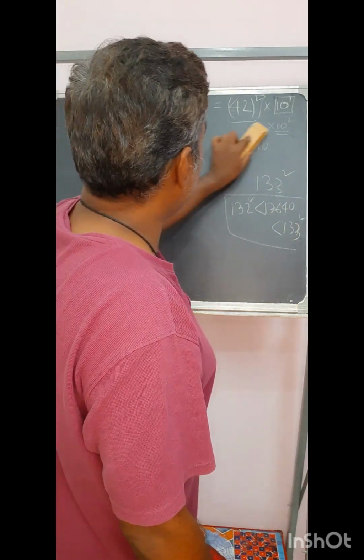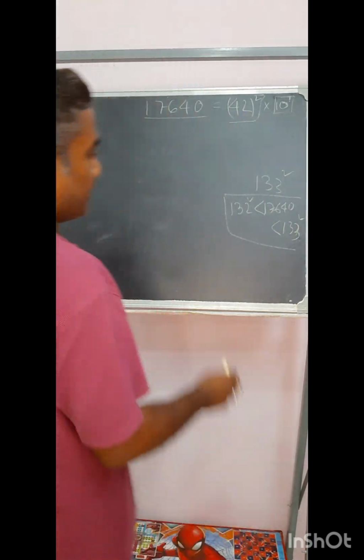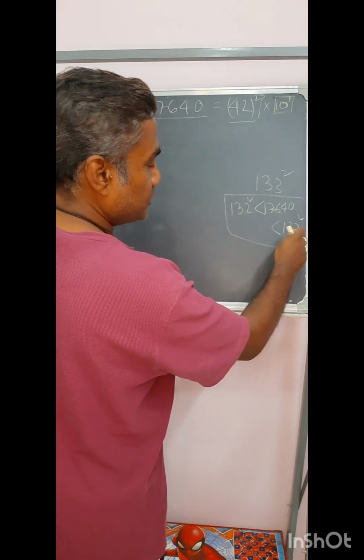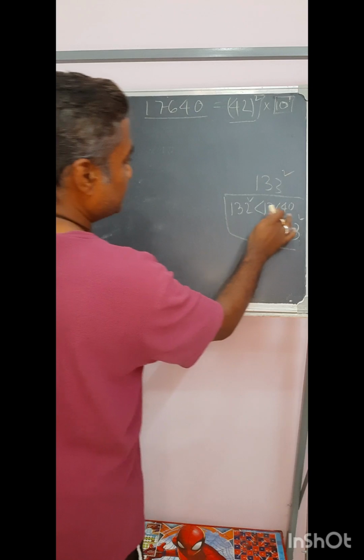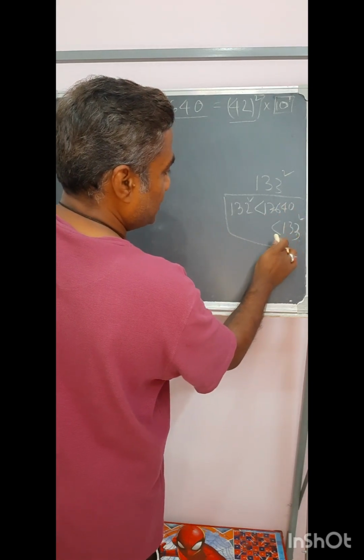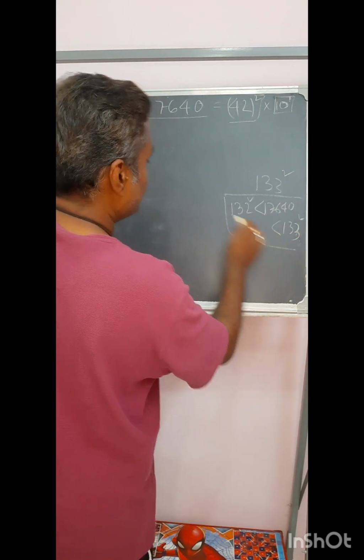Now comes the next part: how much to be added. Adding means you have to bring the number to a higher number. So if I add something to this to make it a perfect square, the next possible number is 133 squared.